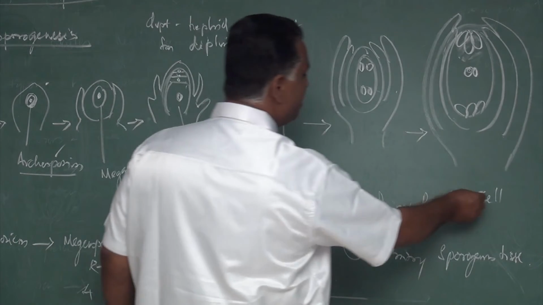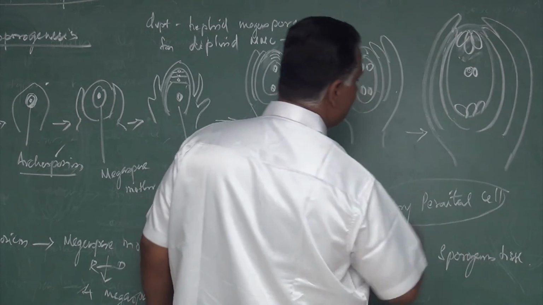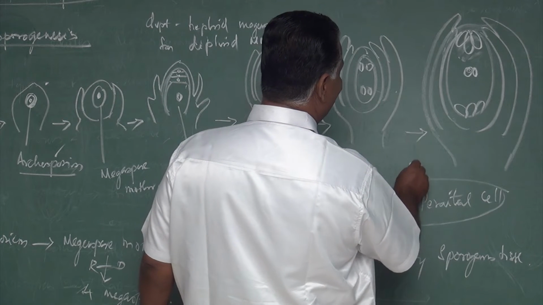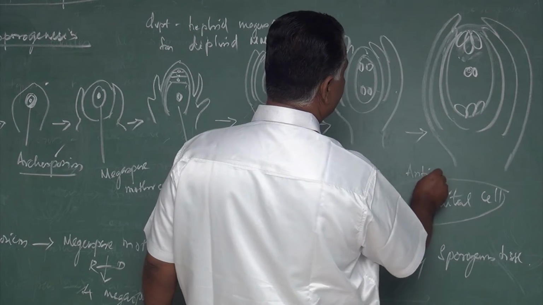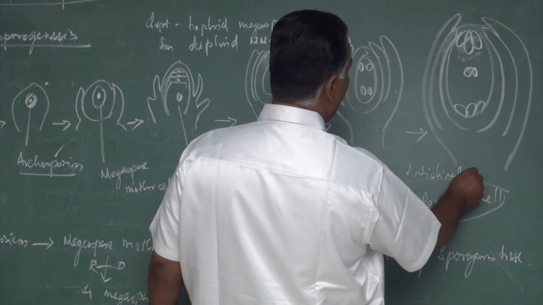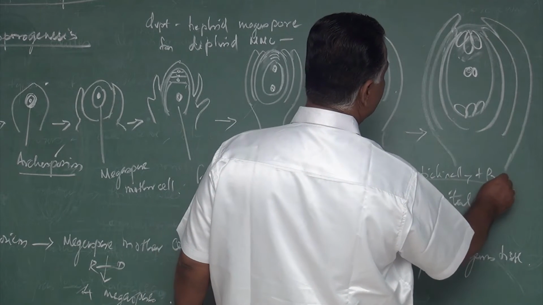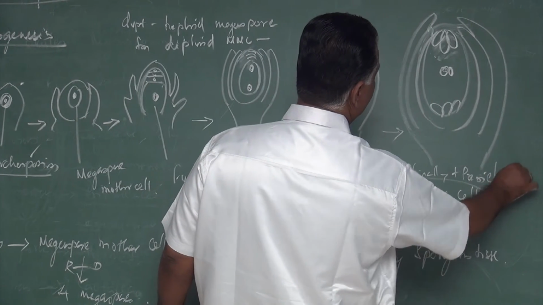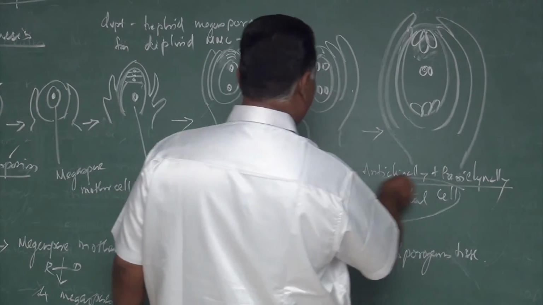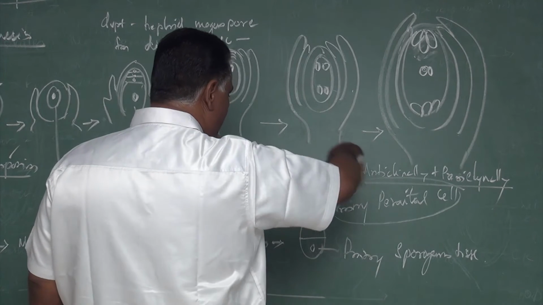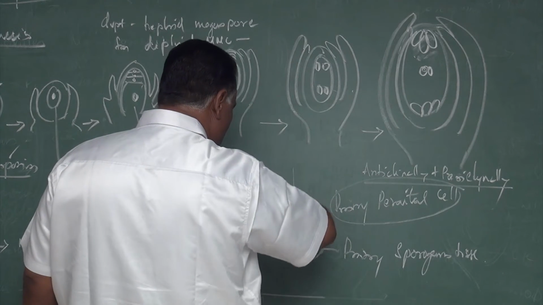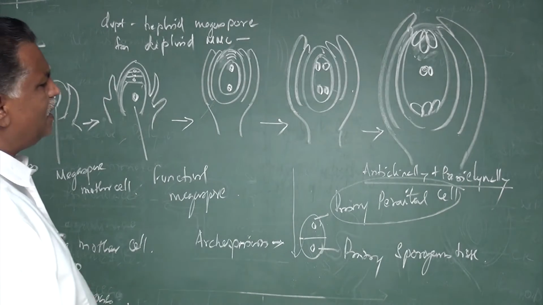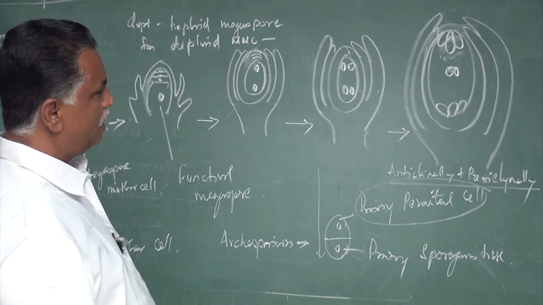The function of the primary parietal cell is that it involves in cell division, divides anticlinally and periclinally, and pushes the primary sporogenous tissue deep into the nucellus. That is the function of the primary parietal cell.